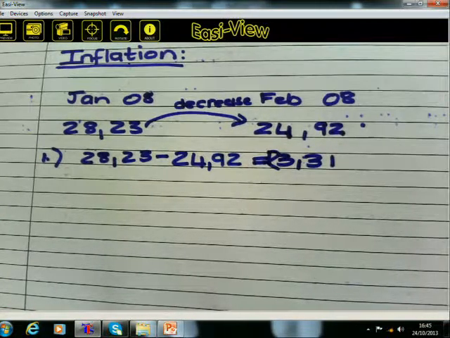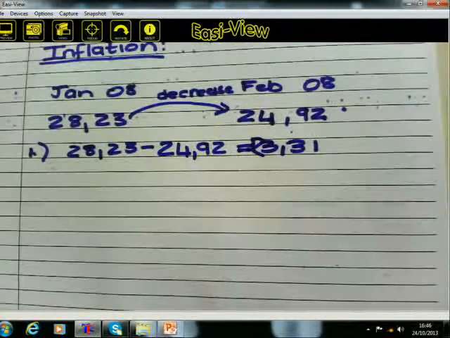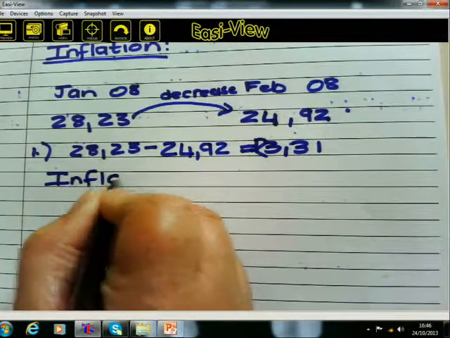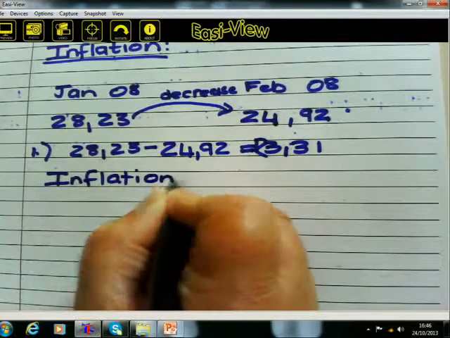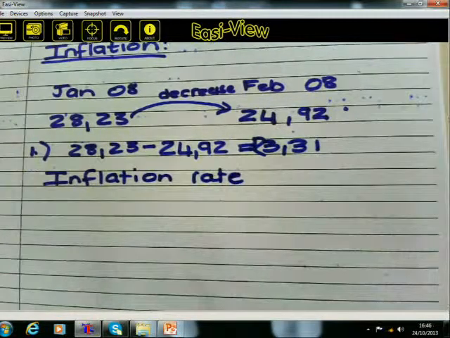But we must also be able to calculate the inflation rate, and I want to show you how I calculate it. What is the first thing that I have to write down? Of course, my formula. So I start with my formula.